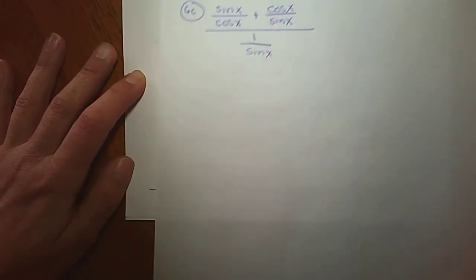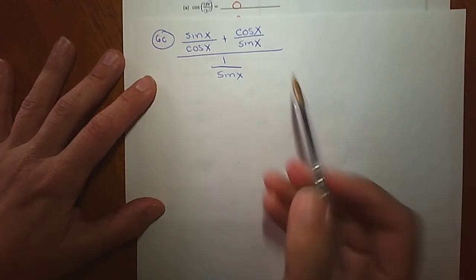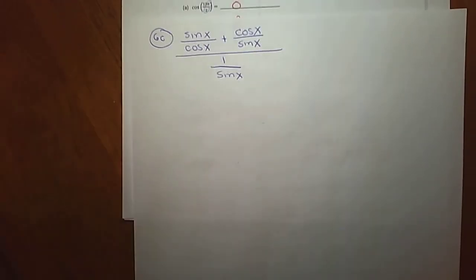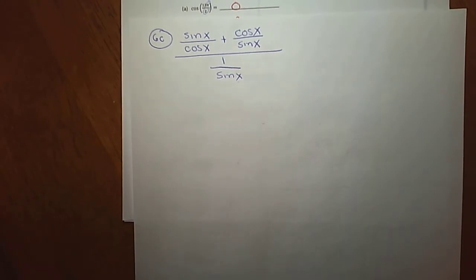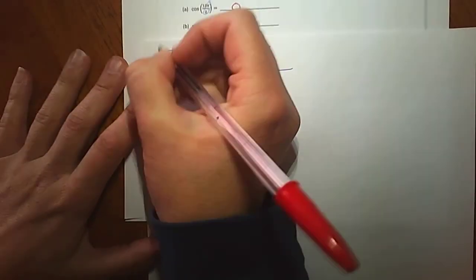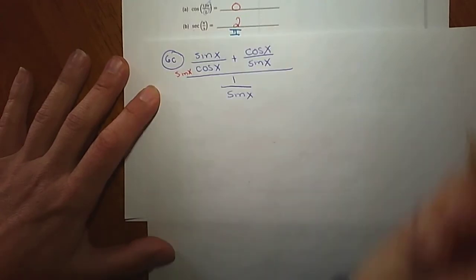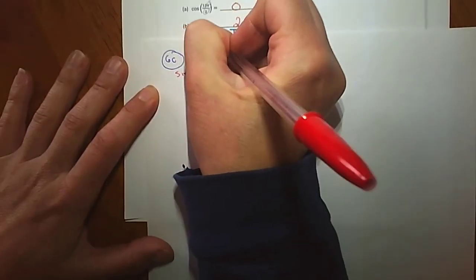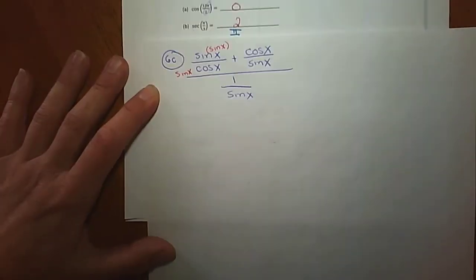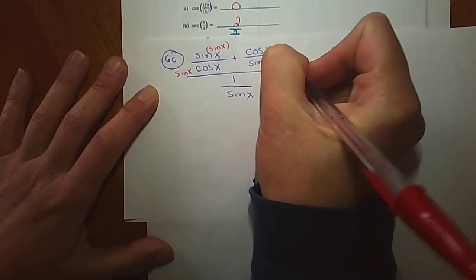All right, so when I look at this, I'm like, all right, we're adding fractions. For adding fractions, what do we need? I'm hoping you're thinking common denominator. So what I'm going to do here is multiply this guy by sine x. Whatever I do with the denominator, I have to do with the numerator. And this one I'm going to multiply by cos x.